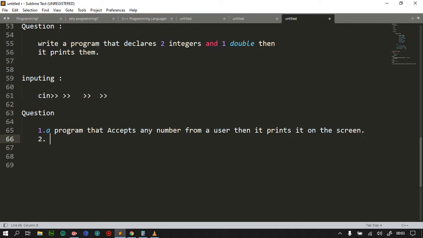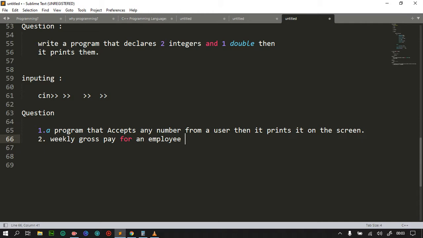The question says: a program that calculates the weekly gross pay for an employee. I know some of you might be employees, so this can be a perfect query for this session.